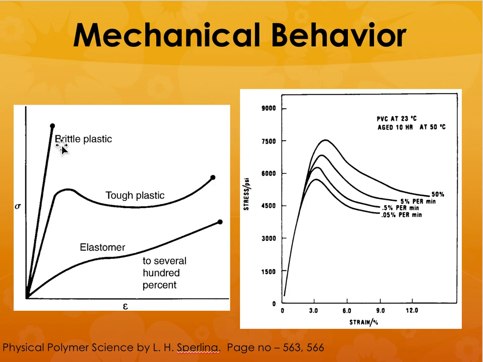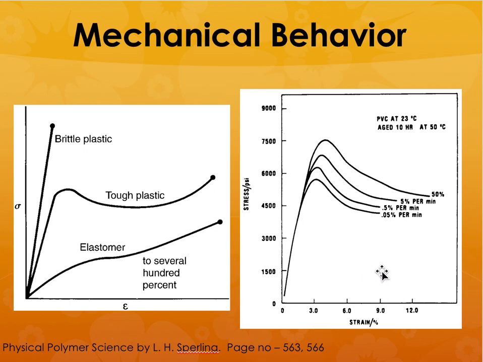So it is going to be tougher than an elastomer. Elastomer can deform, but it is not as tough as the tough plastic. Why? How can you say that? Because toughness is based on the area under the stress strain curve. This tough plastic has got a larger area under the stress strain curve. And if it is a brittle plastic, it fails with hardly any strain at all to failure.